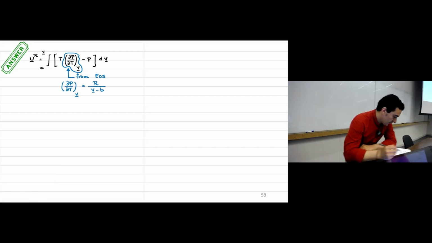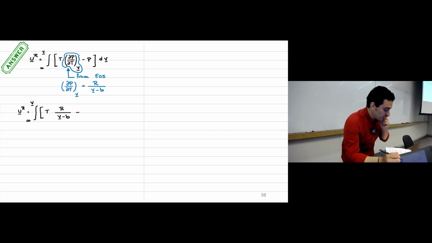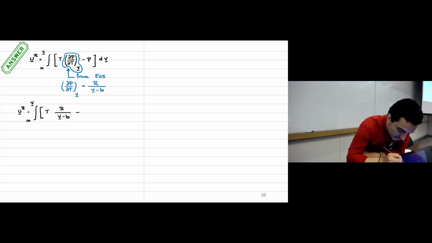So this means the residual property will be the integration from infinity to molar volume of T times R over V minus b, minus pressure. We will substitute the pressure with the van der Waals equation of state.